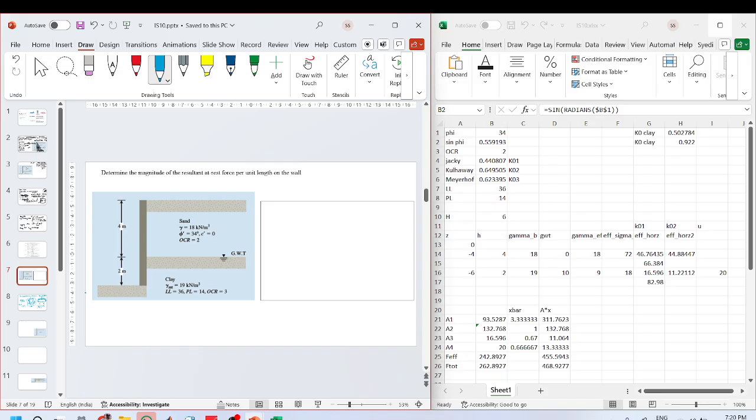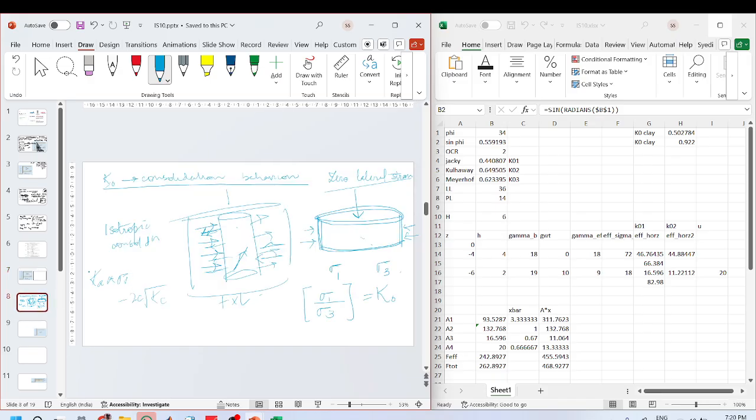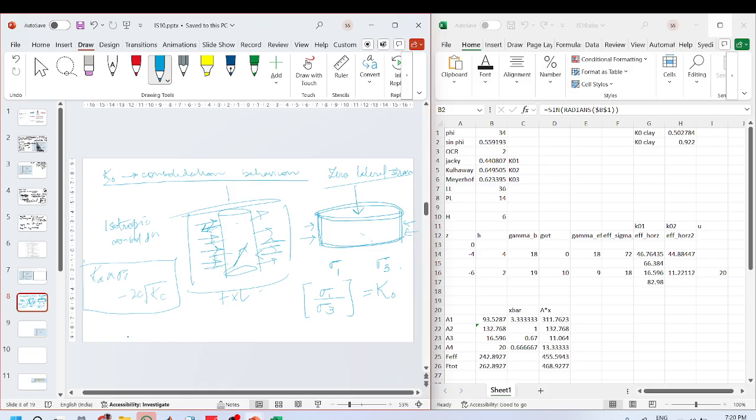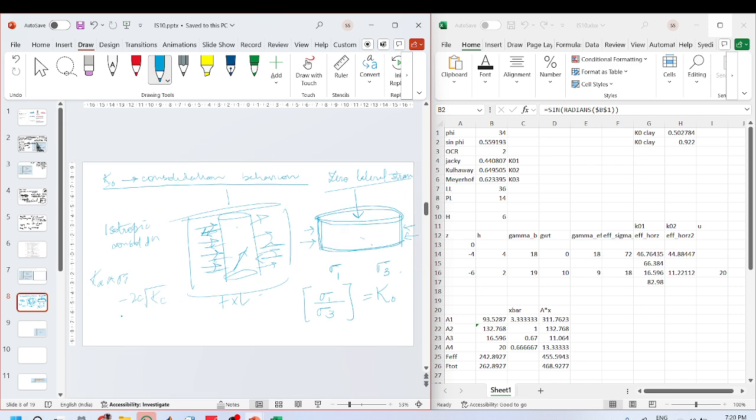Even in Indian textbooks, the K naught condition is not discussed at all, particularly for cohesive soils, clay soils. You are saying to use exactly this one, minus 2c. What is the effect of that?